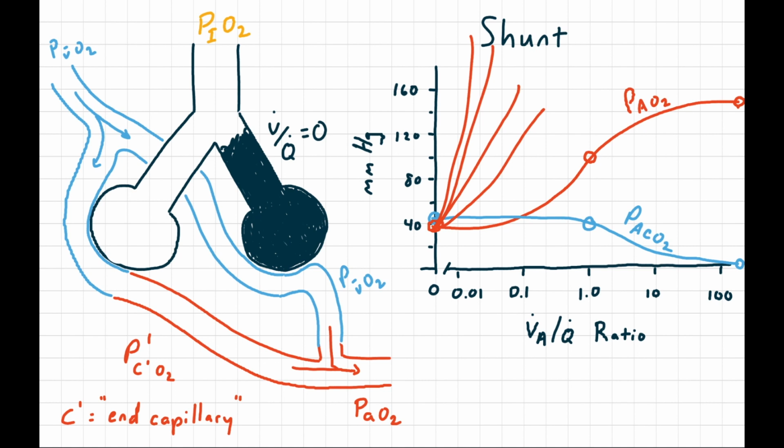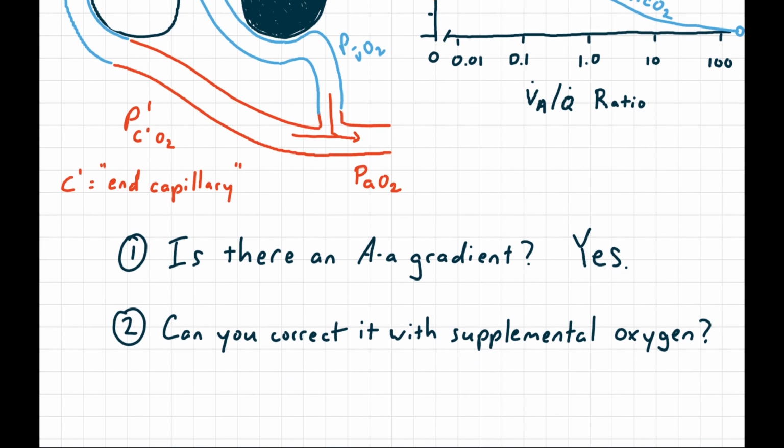But in true shunt, the blood flowing through the shunt is never exposed to alveolar gas at all. We're stuck here at 0 on the horizontal axis of this graph. And so no matter how much oxygen is in our breathing gas, the capillary won't see it. Deoxygenated venous blood is mixing directly with your arterial supply. So no, supplemental oxygen will not correct the hypoxemia of shunt.